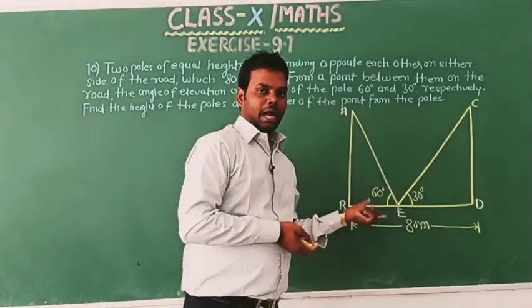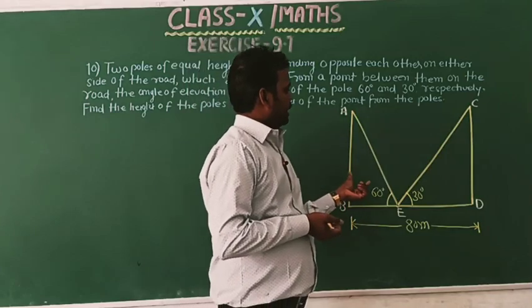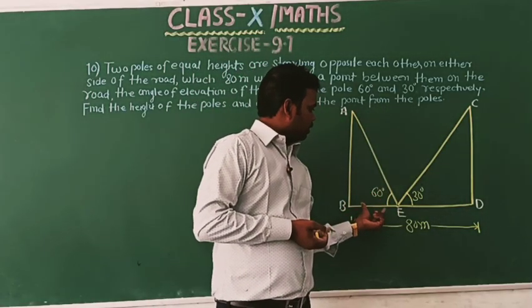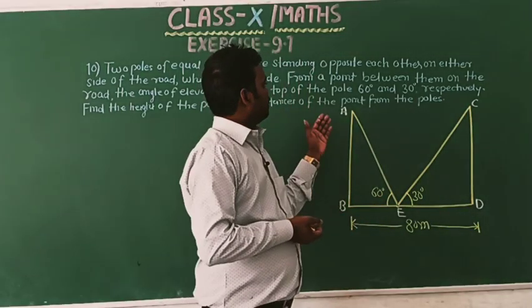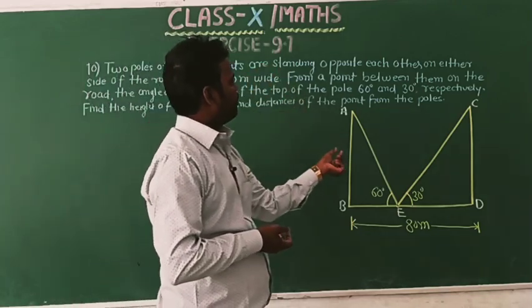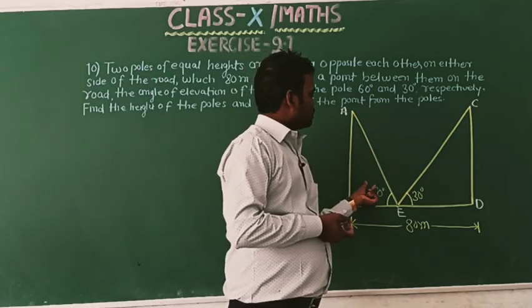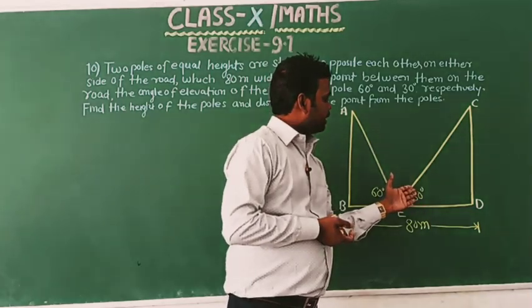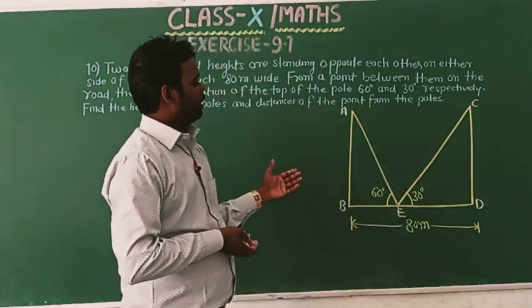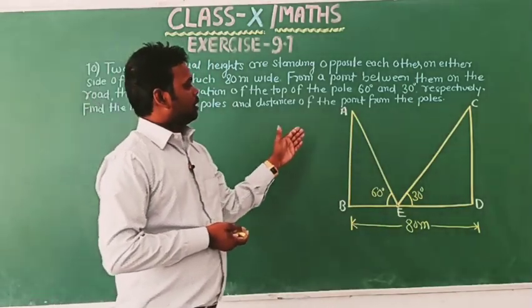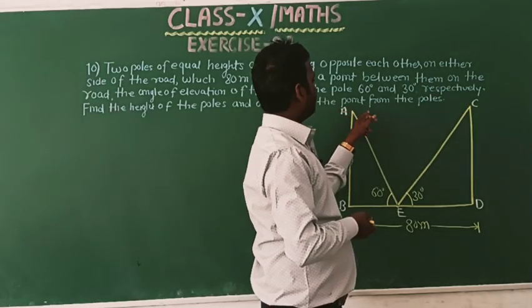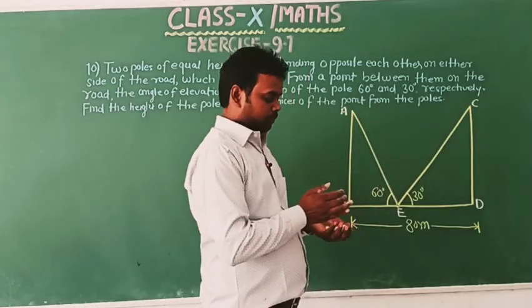Two poles of equal height are standing opposite to each other on the road. The angle of elevation of the top of the poles, one is 60 and another is 30 degree, from the point on the road. Then we need to find the height of the pole and distance of the point from the poles.